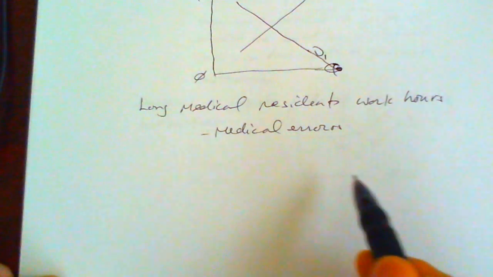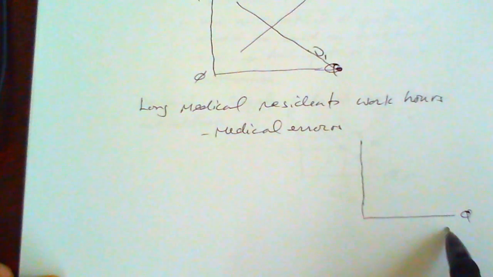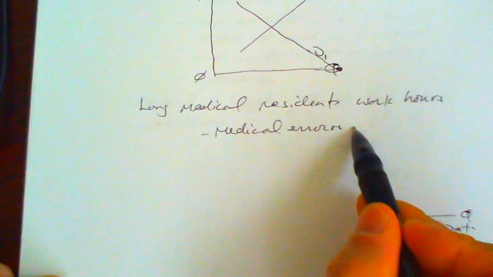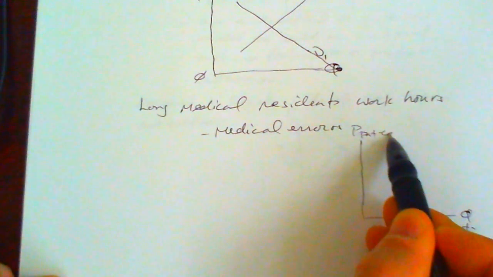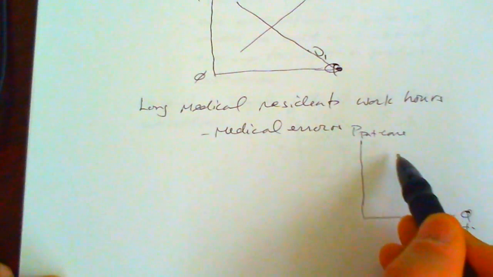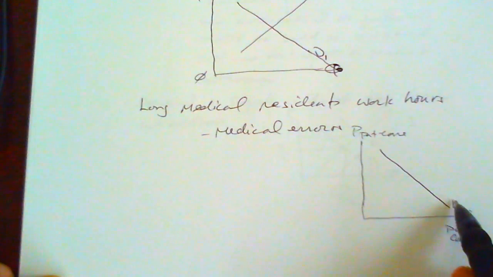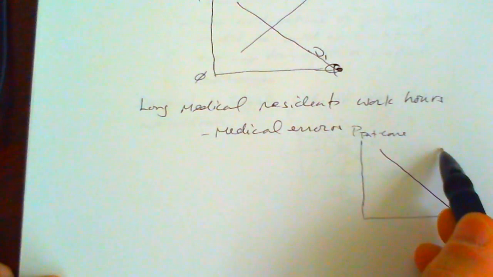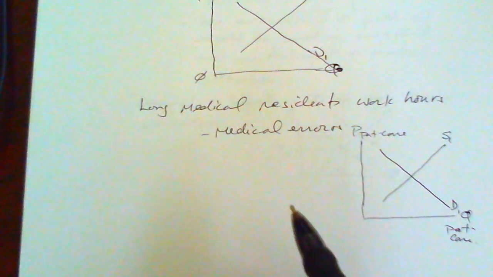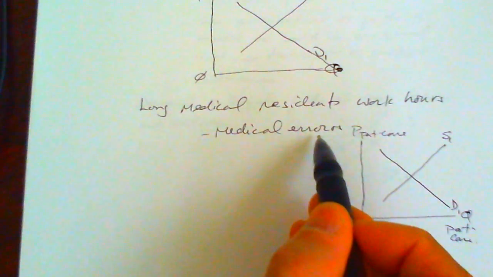So therefore you have quantity of patient care, and you have here price of patient care. Obviously, individuals and citizens who are suffering from some illness are in the demand for patient care, and there's a supply of it. Now imagine that we are overworking medical residents and they are making errors.